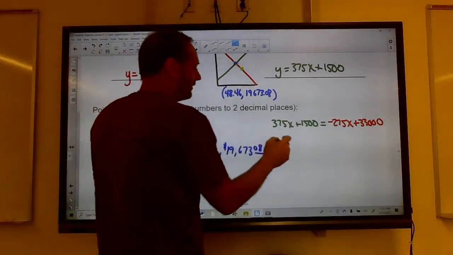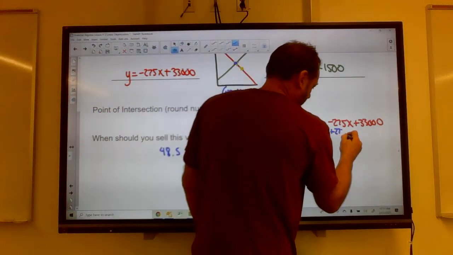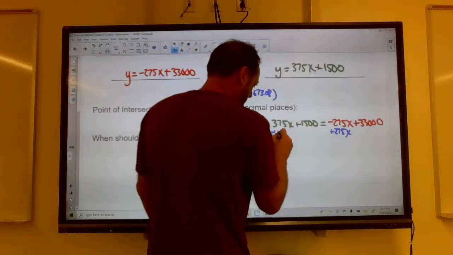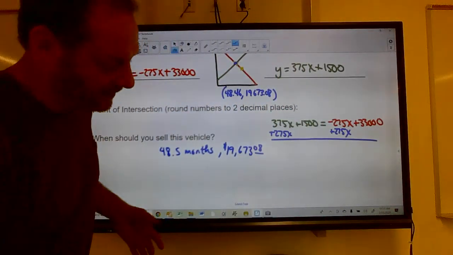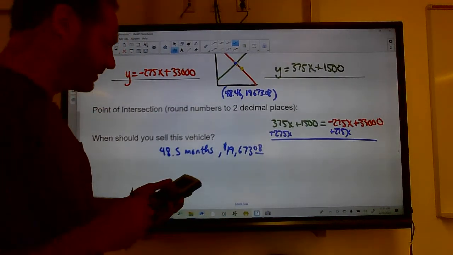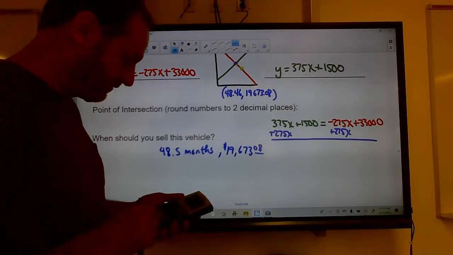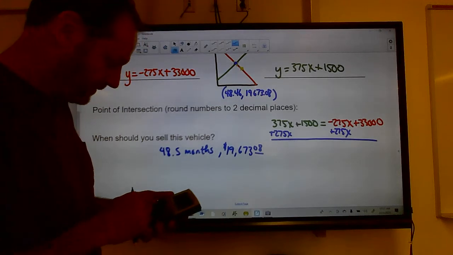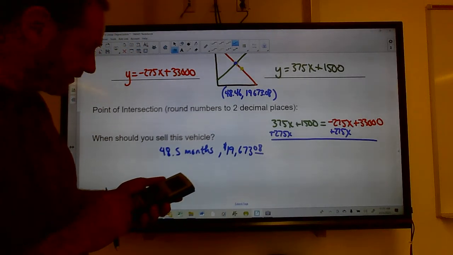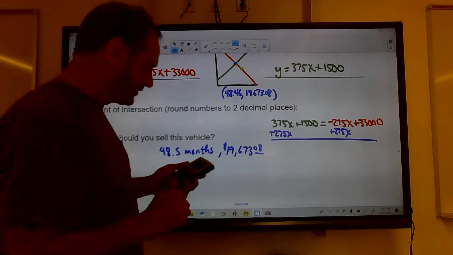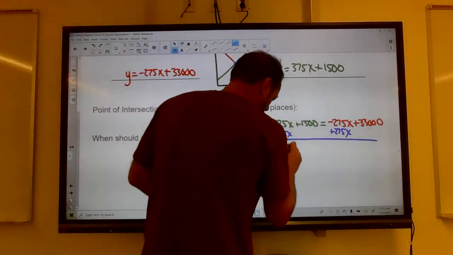So I'm going to add 275x to both sides. Okay, obviously, if you don't have to do it this way, if you got a graphing calculator, great. If you don't, you're going to have to do it this way. Okay, so 375 plus 275, this is going to be 650x right here.